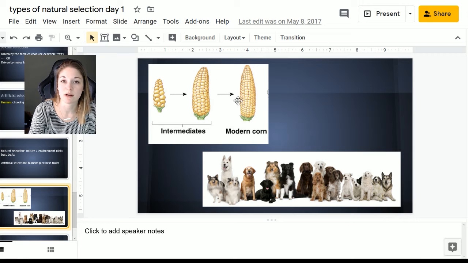We forced directional selection to make the corn that we have now. Or you can look at dog breeds. Each and every one of these breeds was selected for, their traits were selected for by people. It could be things about size, it could be things about being territorial, or if they shed or not. But we chose those traits for them, and we bred it into them.